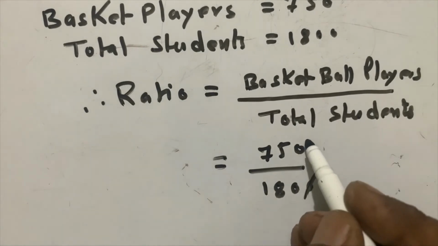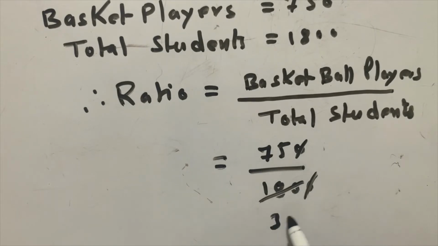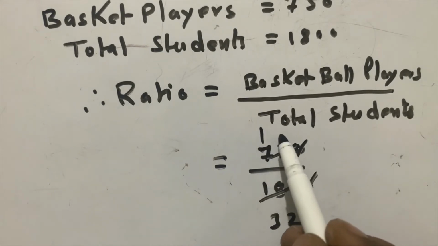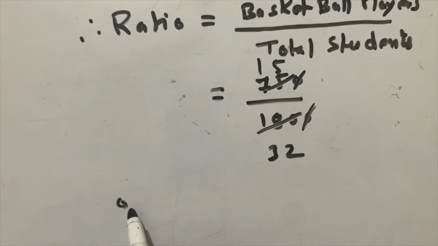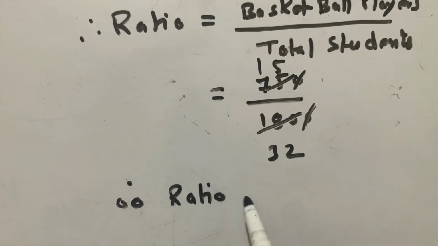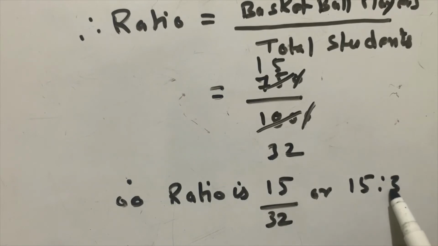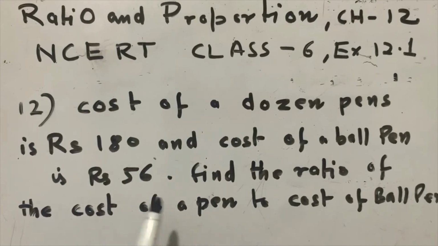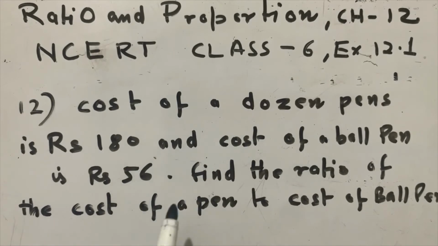Now we will cancel 0 and read the table of 5. 5 3s are 15, 5 2s are 10, 5 5s are 25. Therefore ratio is 15 upon 36, or 15 is to 36. Answer.